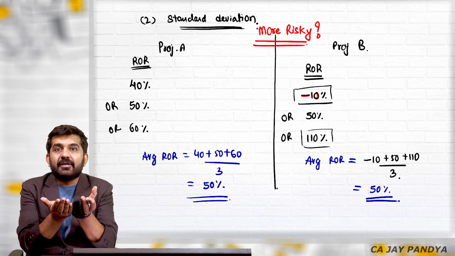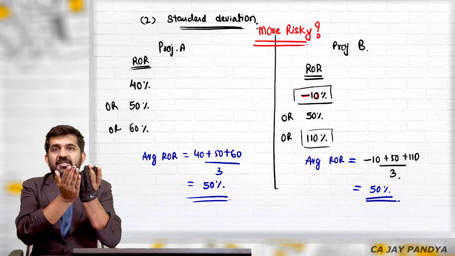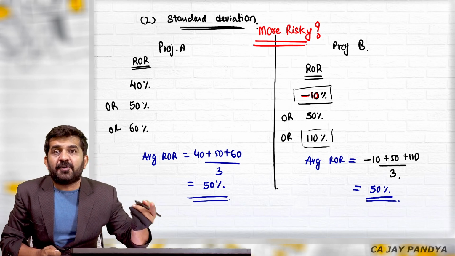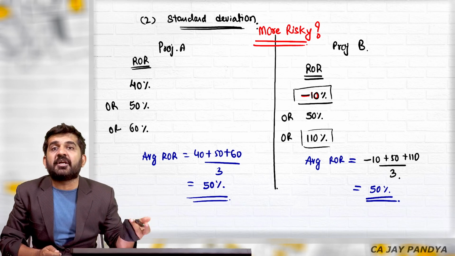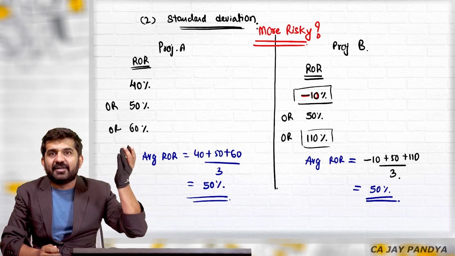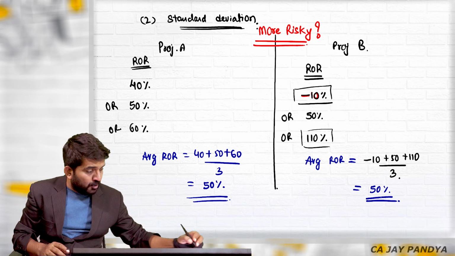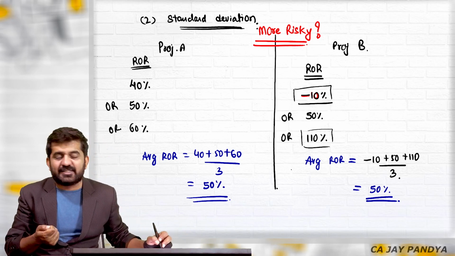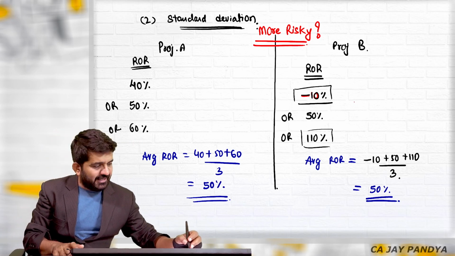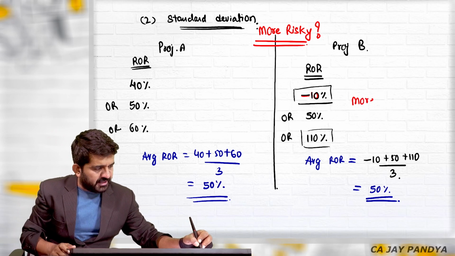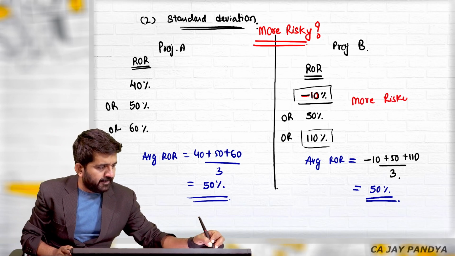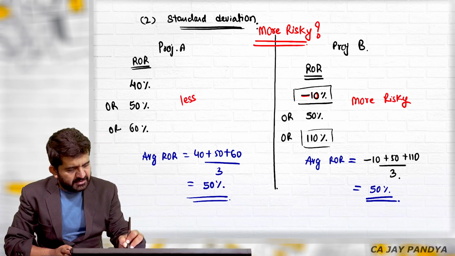See, gambling, it is high risk, but your expected rate of return and sometimes even your actual rate of return is immensely higher. So if you are taking more risk, there will be more return. But the average rate of return under both cases is the same. But as rightly said, this project is more risky. This project is less risky.